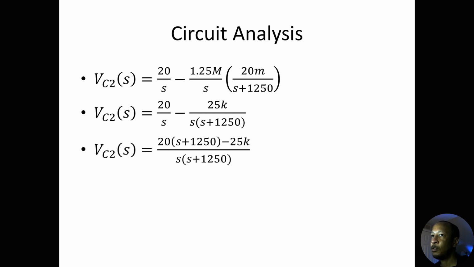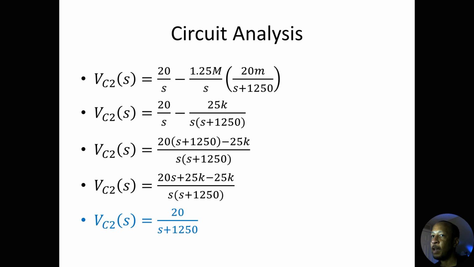Next we have VC2 of S equals (20 times (S plus 1250) minus 25K) divided by S times (S plus 1250). Next we have VC2 of S equals (20S plus 25K minus 25K) divided by S times (S plus 1250). And then next we have VC2 of S equals 20 over (S plus 1250).